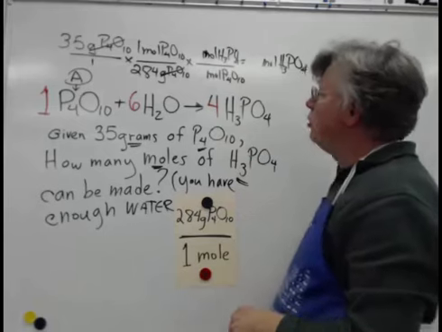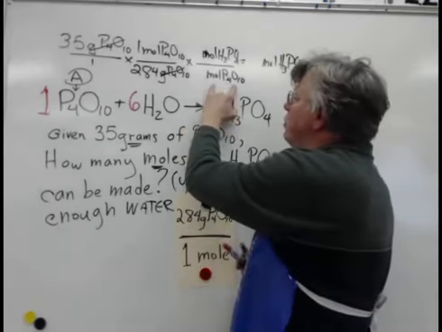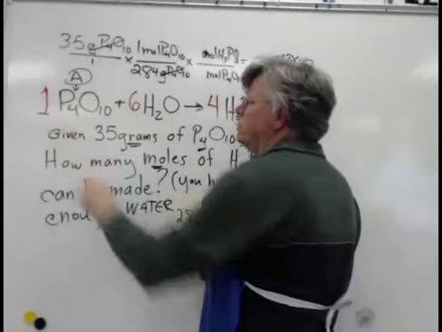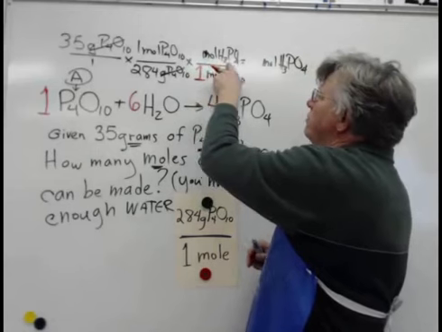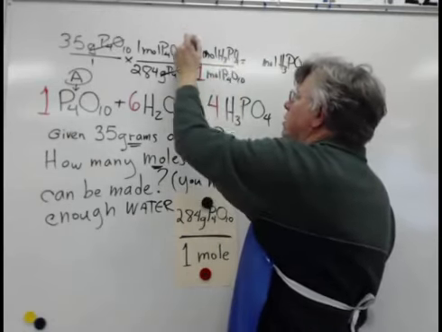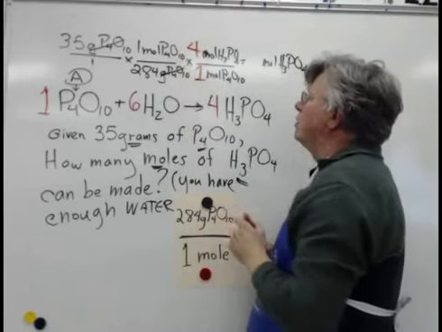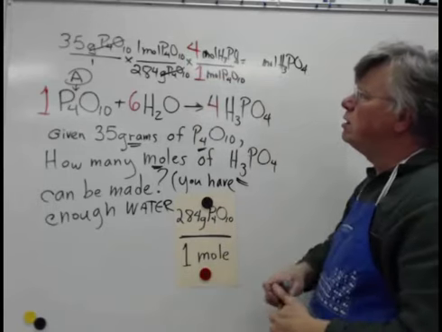Alright, so now the famous mole ratio step. I'm looking for moles of P4O10, which is 1 in this case, and moles of H3PO4, which is 4. So now I have the right units I'm looking for in the answer.